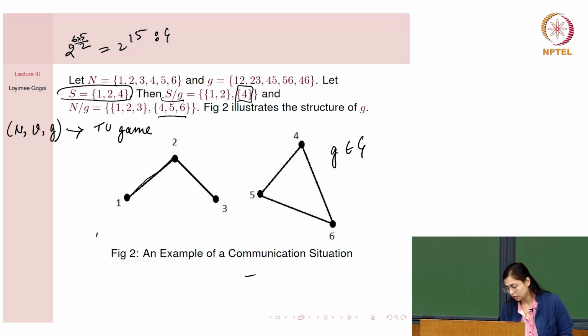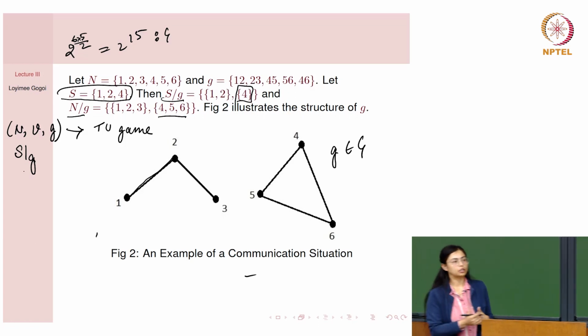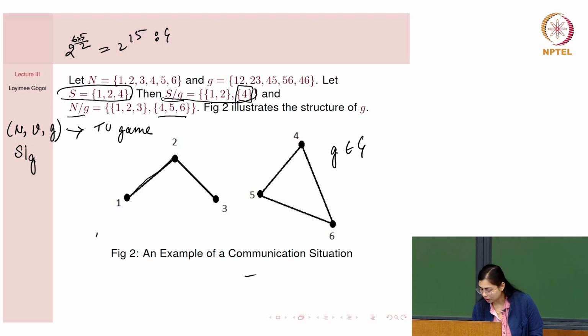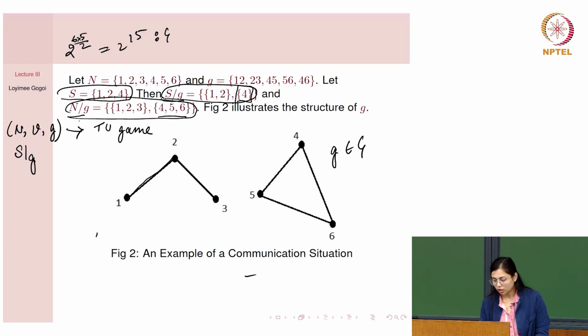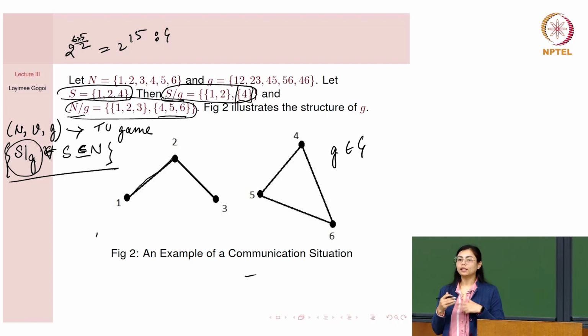For this communication situation I can define a cooperative game, because S over Z is again a set of coalitions, some class of coalitions. On that S over Z I can define a cooperative game.